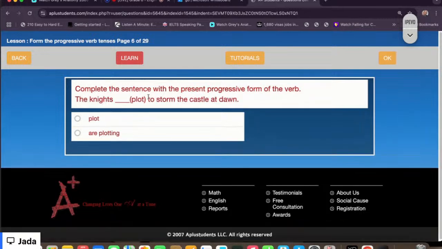Past progressive. The knights plot to storm the castle at dawn. So present progressive.